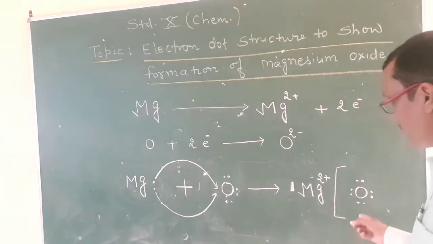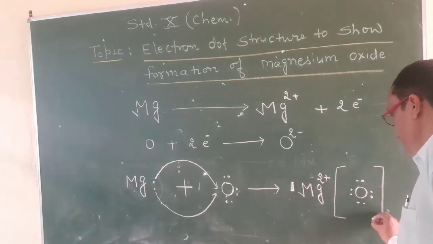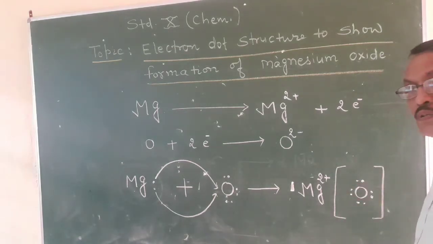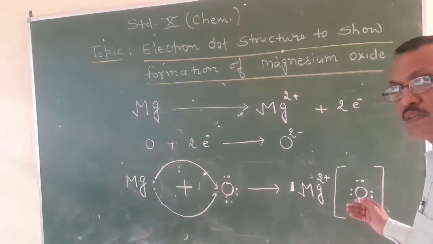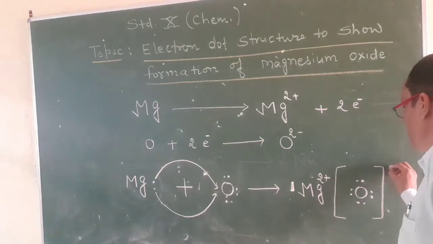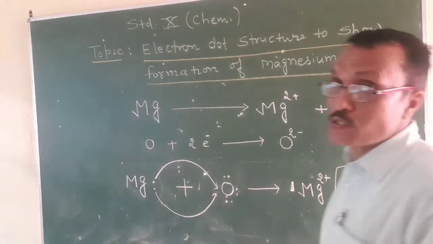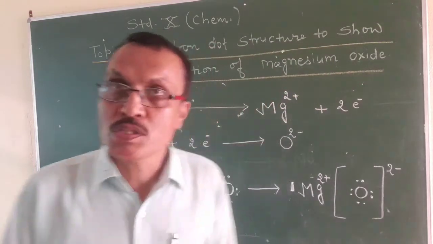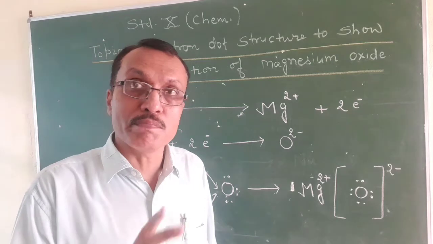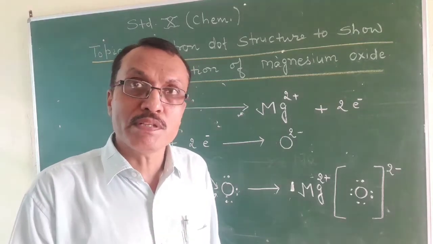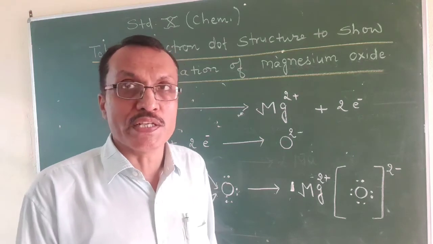You can see here I have shown 8 electrons in all around the oxygen atom, and then you have to close the bracket. Now outside the bracket, on the upper side, you have to show 2 minus. Why 2 minus? Because oxygen is accepting 2 electrons from magnesium. So by accepting 2 electrons, it will form O2-.